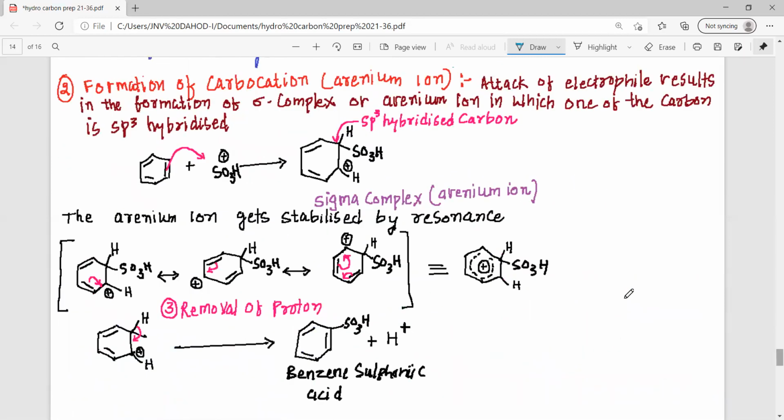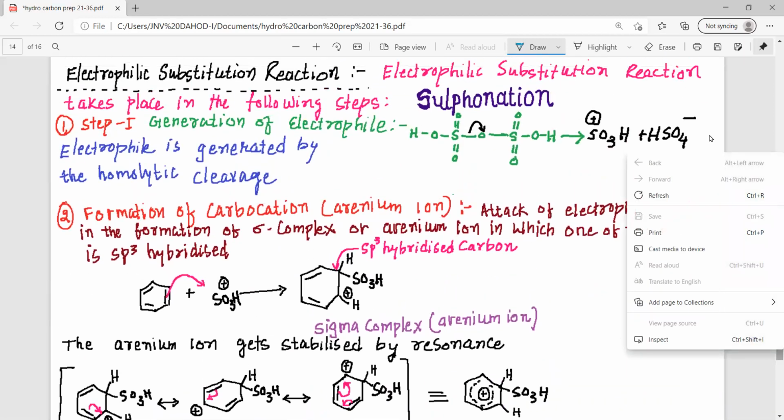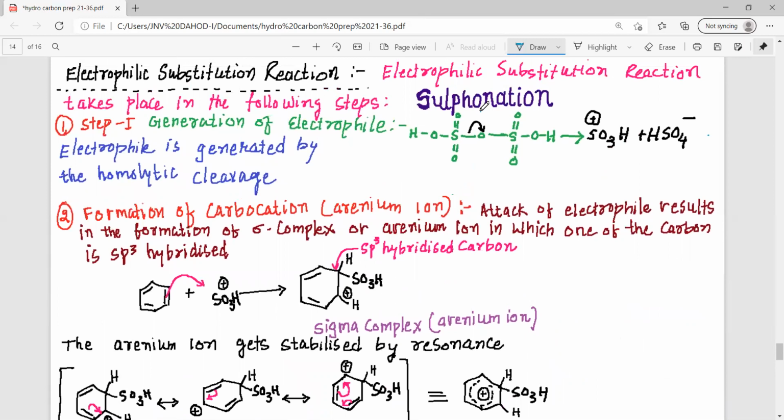The next type of reaction that we can understand is sulfonation, my dear students. During the process of sulfonation, you can see that generation of electrophile takes place. Here for sulfonation, we use H2S2O7, which is known as oleum. You can see I have drawn the structure of H2S2O7.